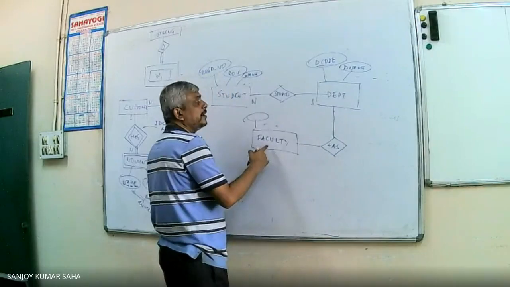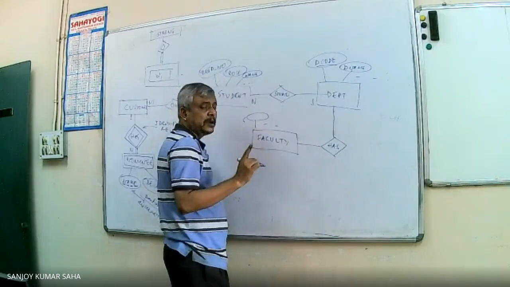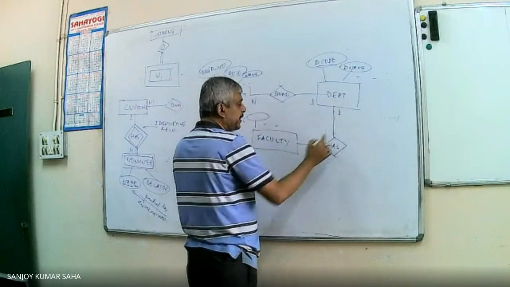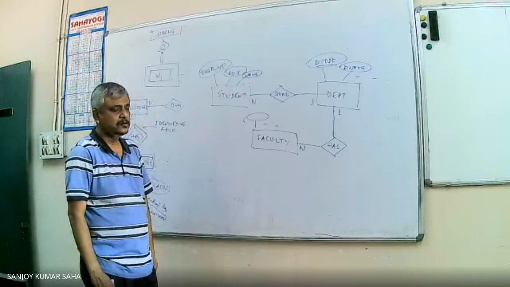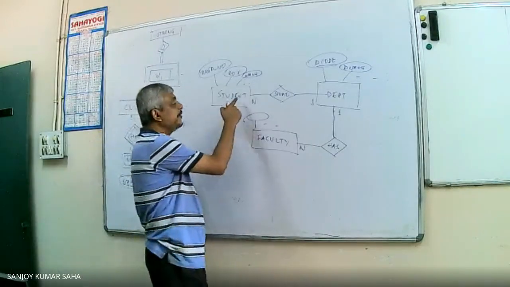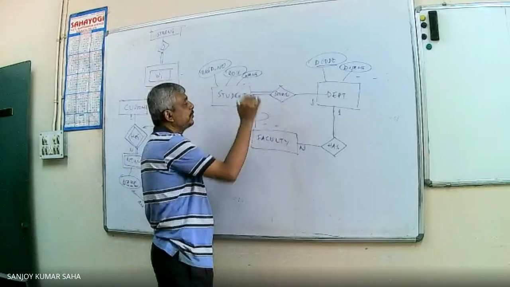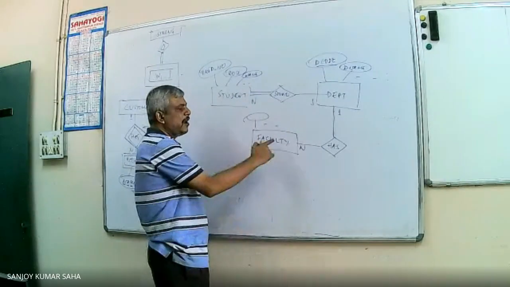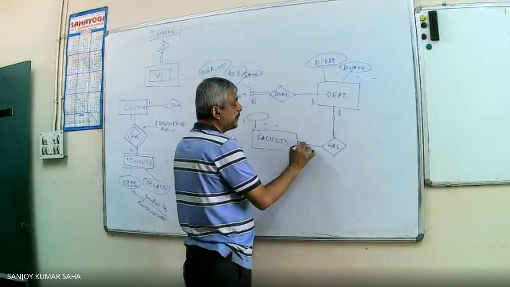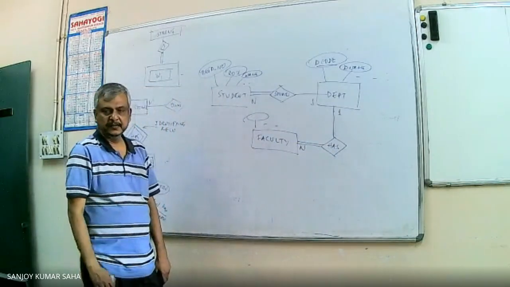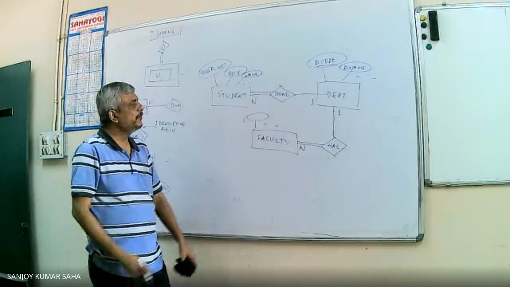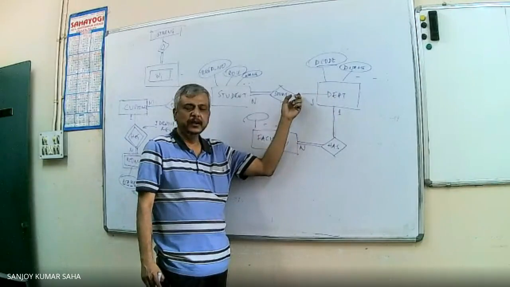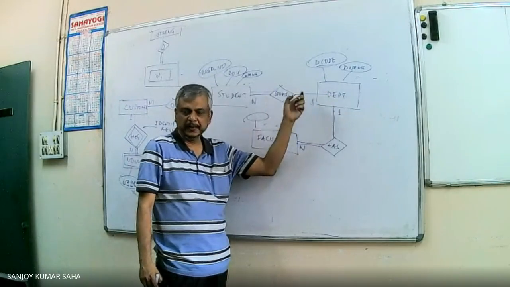If I assume that one faculty can belong to only one department, multi-department affiliation is not allowed, then a faculty can belong to one department, but in a department we can have a number of faculty. If we assume that every student must be associated with some department, then a student must totally participate. A faculty must correspond to some department, so totally participate. If it is so that a department can have no students also, then this is not total participation. If it is so, then it will be two-way total participation.